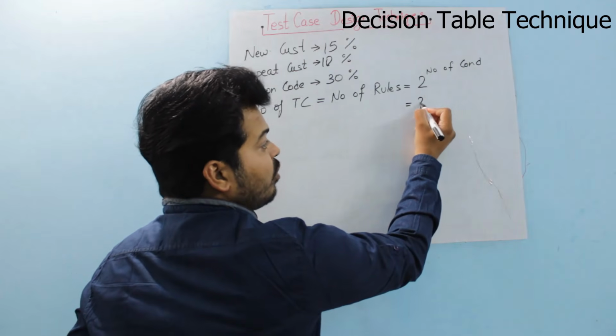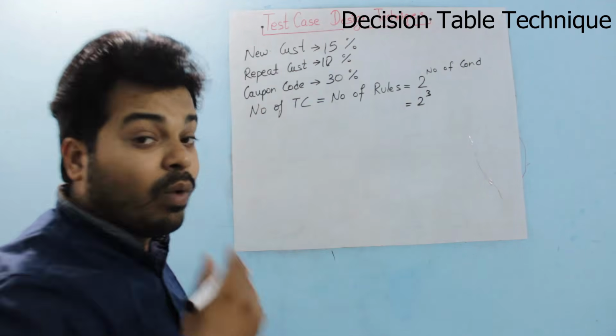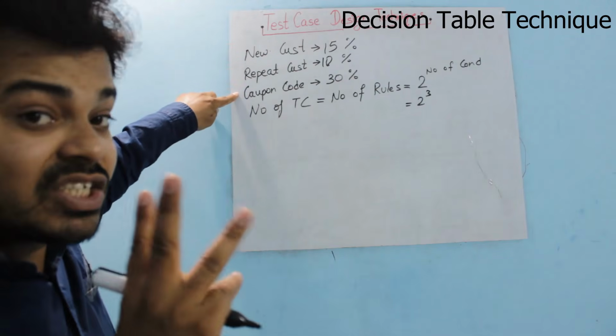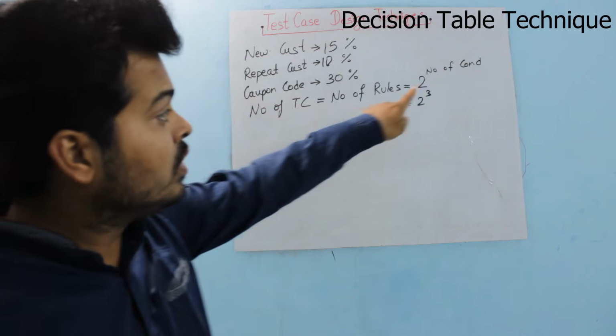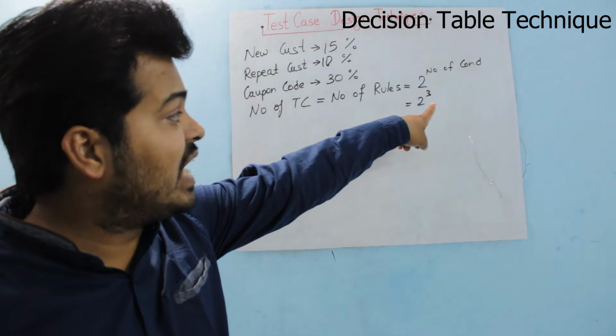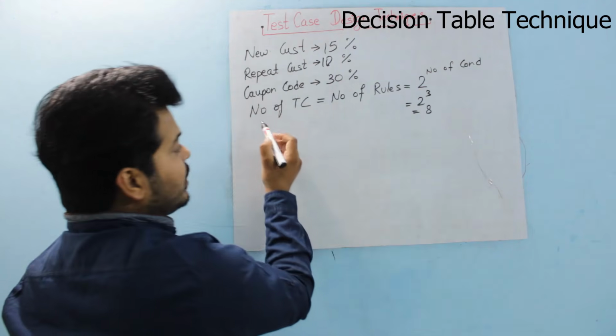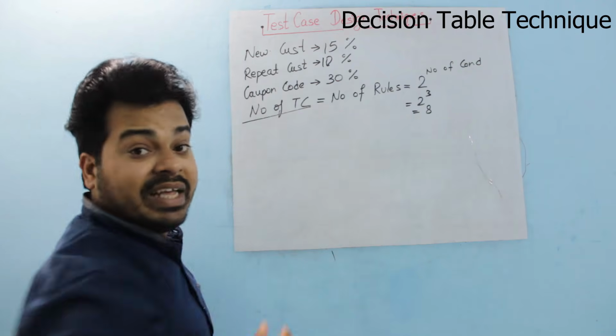So 2 to the power of 3. Why? Because you have 3 conditions. So with the number of conditions as 3, it will be equal to 8. So my total number of test cases here will be 8.